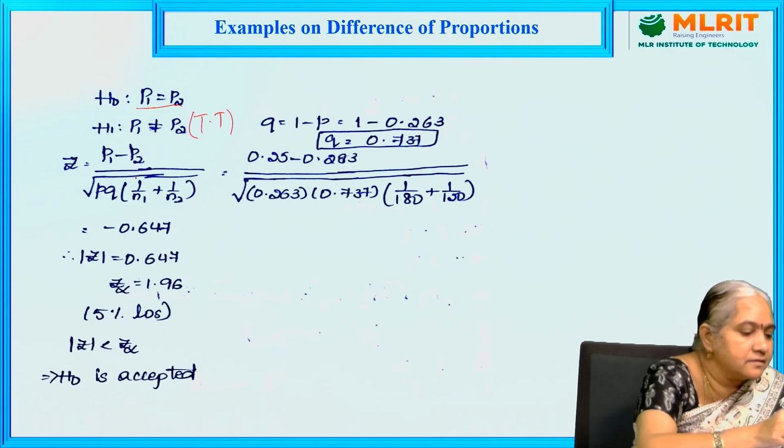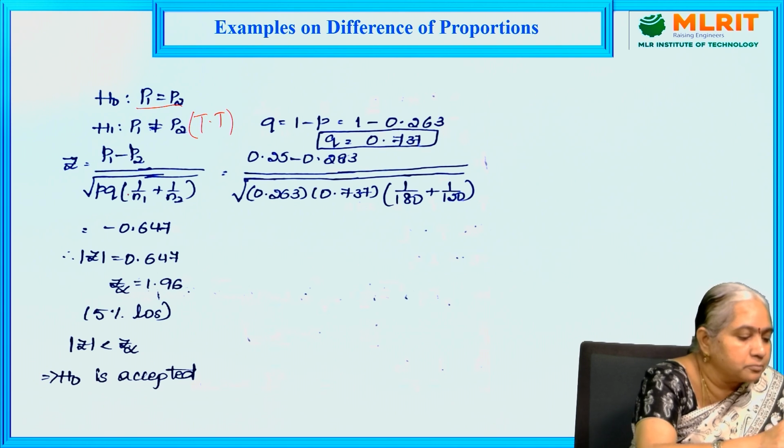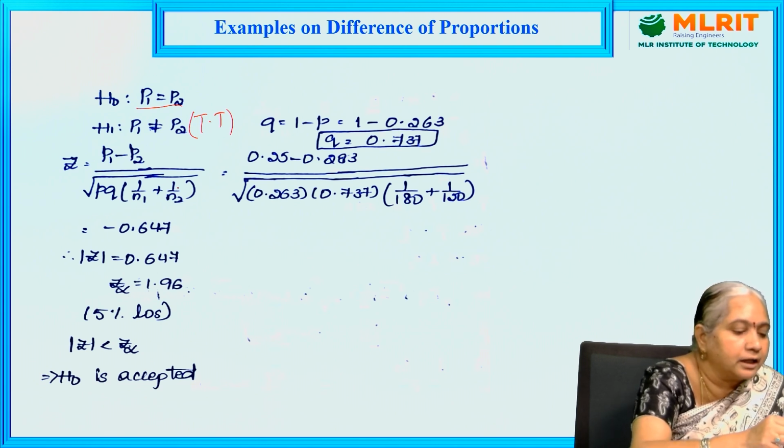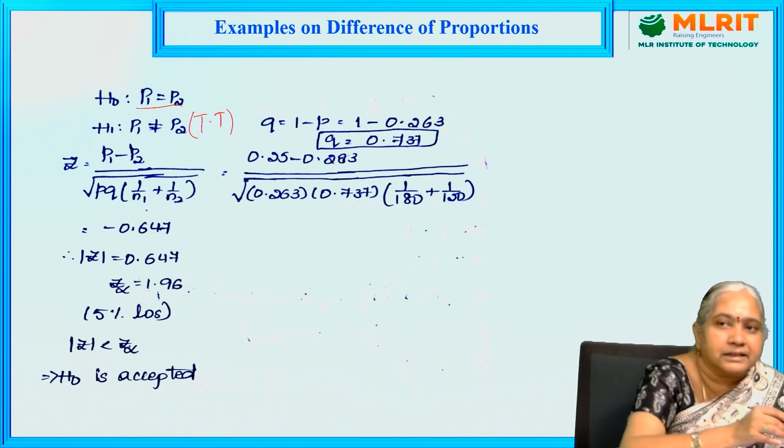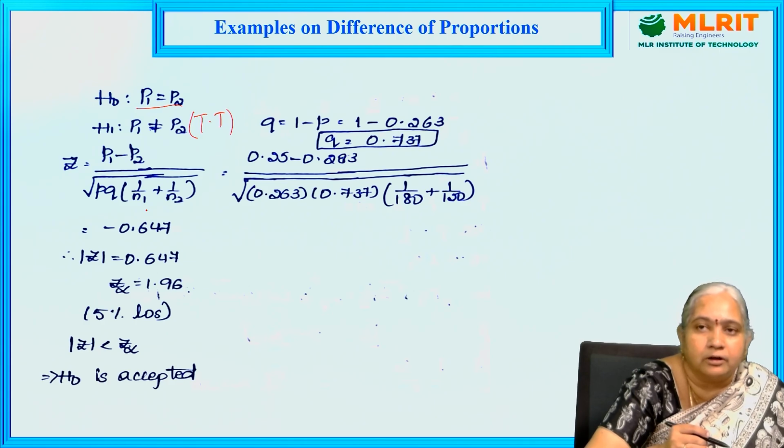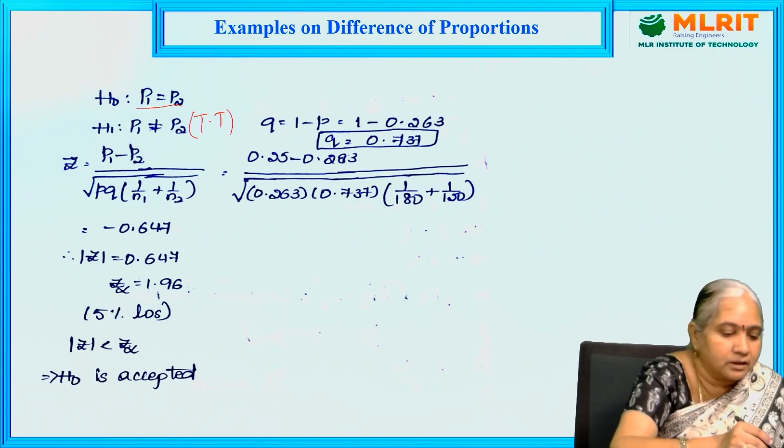So here Z is equal to P1 minus P2 by under root PQ into 1 by N1 plus 1 by N2. This is the standard error of the difference of two sample proportions.